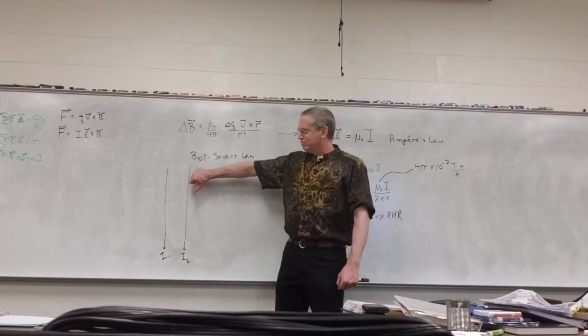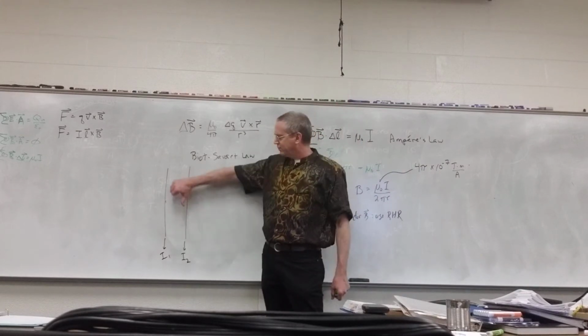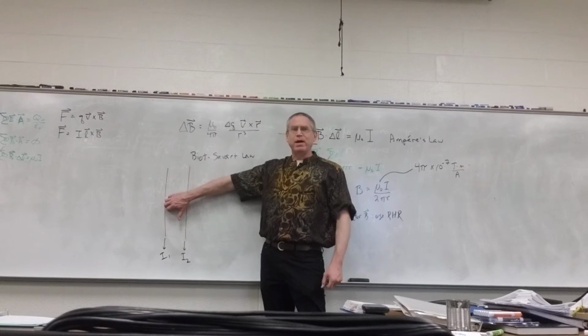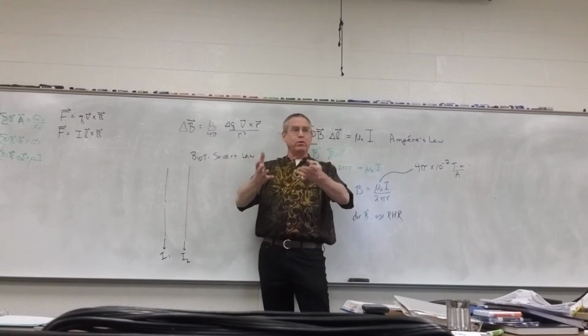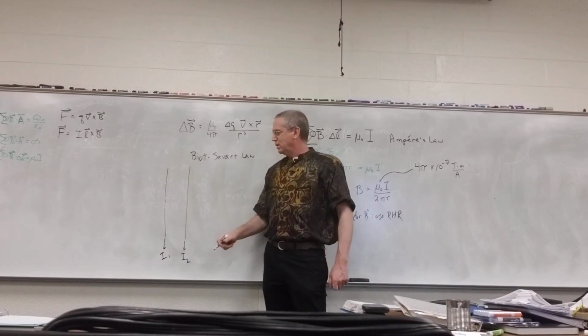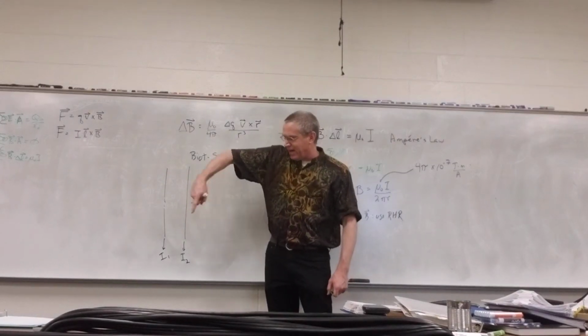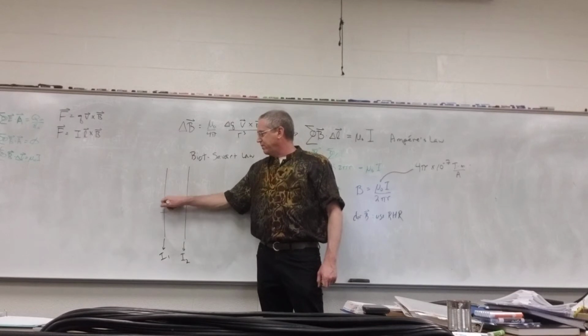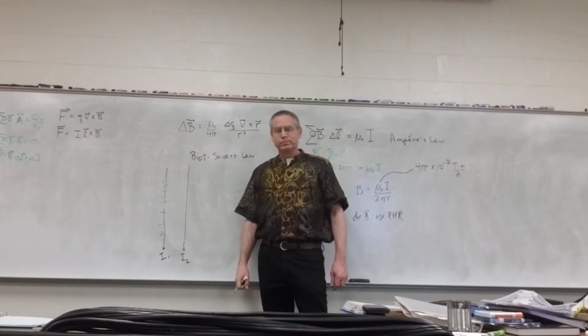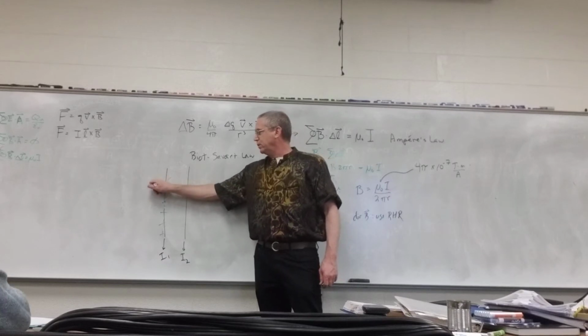Into the board. Yeah, so if the current's flowing that way, at that point it's going into the board. Where you are, or I guess where Carly is, it's going that way. So the magnetic field is flowing around like that. So at this point, the magnetic field is into the board. This is the magnetic field from 2.